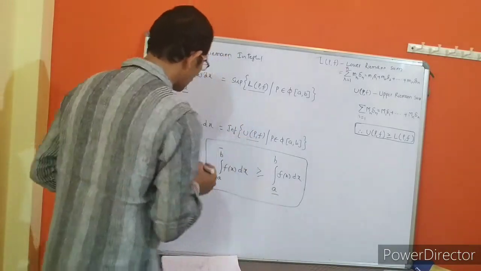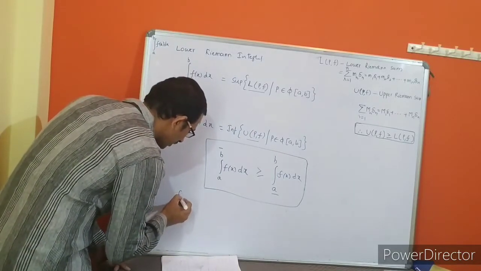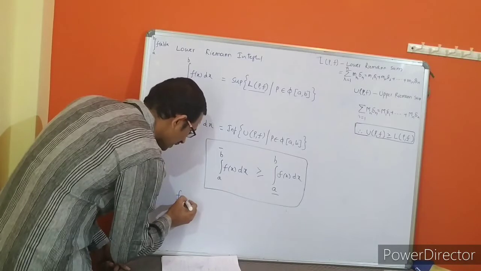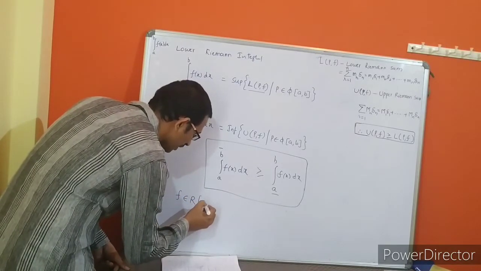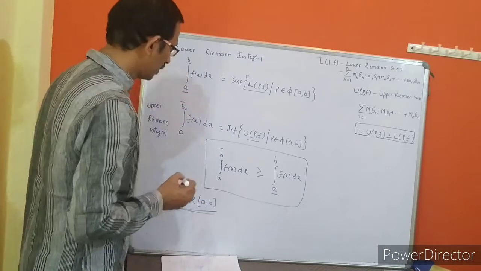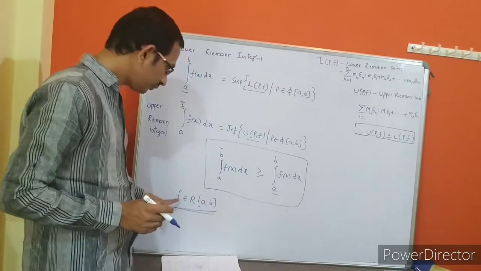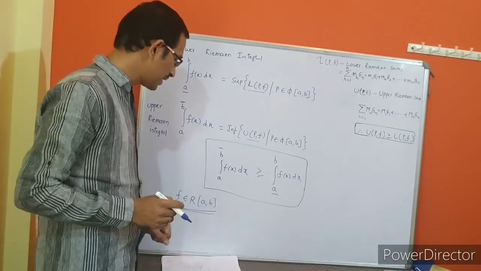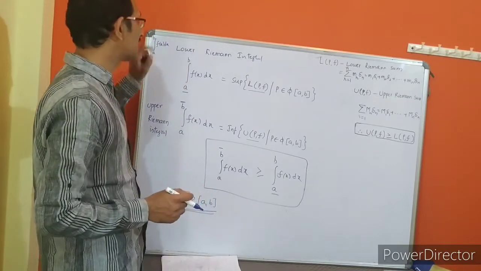And from the definition, f is said to be Riemann integrable, and we write it like this. Please remember this notation: f belongs to R of [a, b]. I think I did not introduce it in the previous videos. So f belongs to R of [a, b] means f is Riemann integrable, that means the integral a to b f of x dx exists.